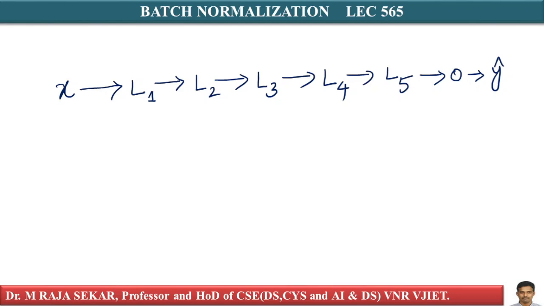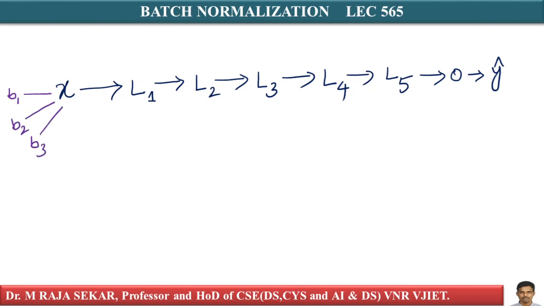Let me say this is my input x, and then layer 1, layer 2, layer 3, layer 4, layer 5, output, and y cap. The idea is very simple. Suppose I get batch 1 here, B1, followed by batch 2, B2, followed by batch 3.